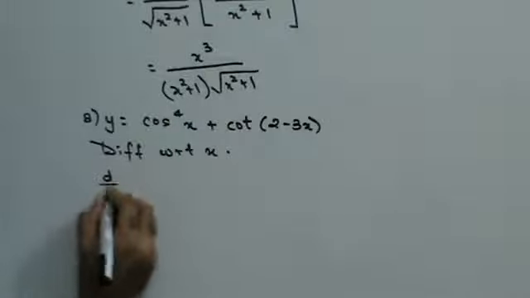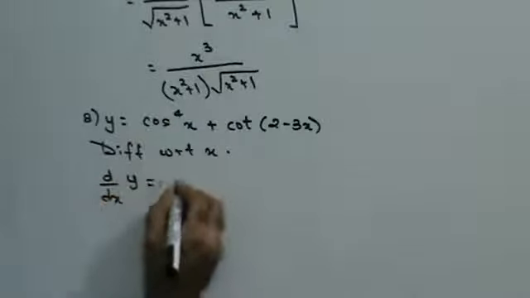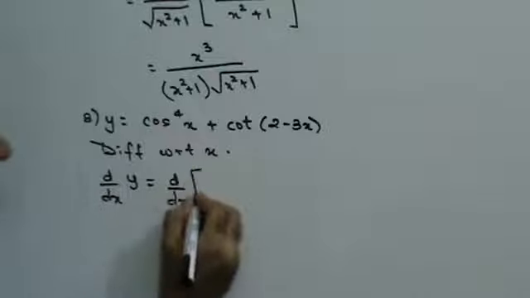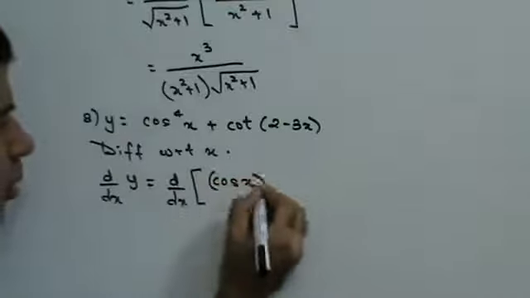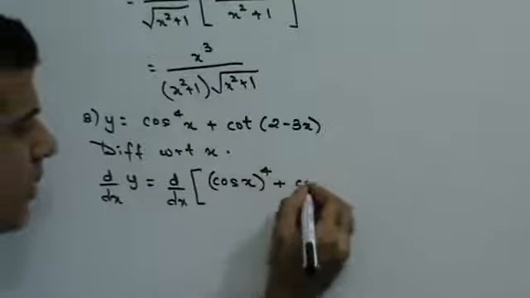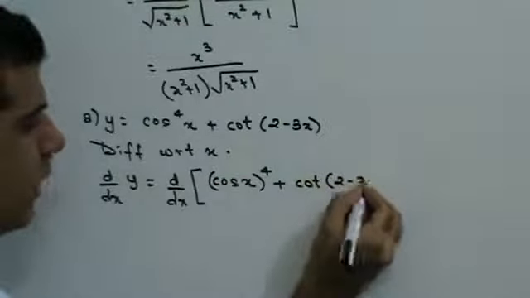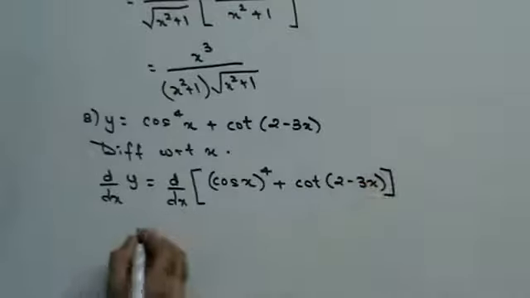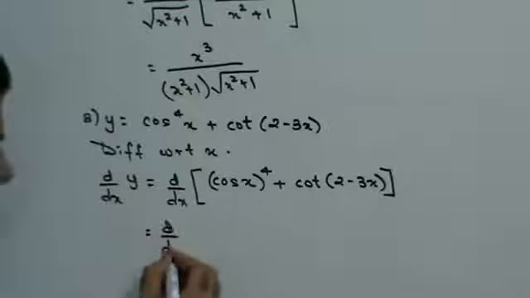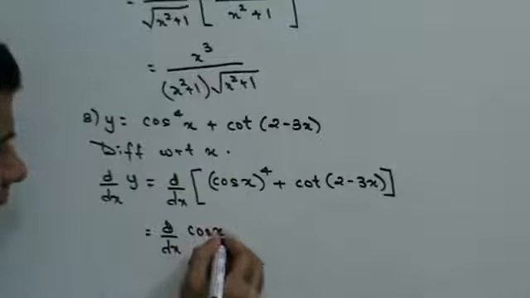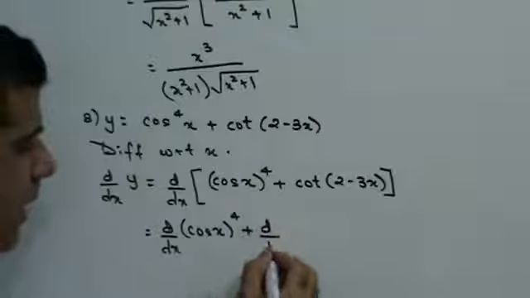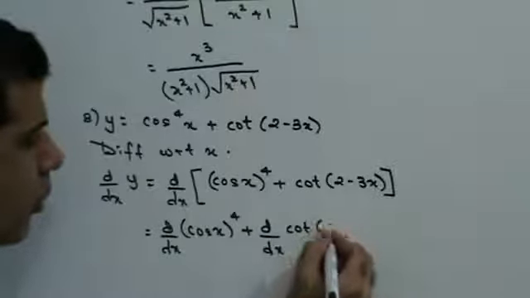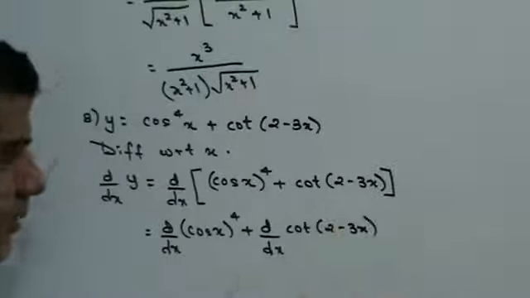So you will get d by dx of y is d by dx of cos 4x can be written as cos x the whole raised to 4 plus cot 2 minus 3x. Now this is going to be d by dx of cos x the whole raised to 4 plus d by dx of cot 2 minus 3x.